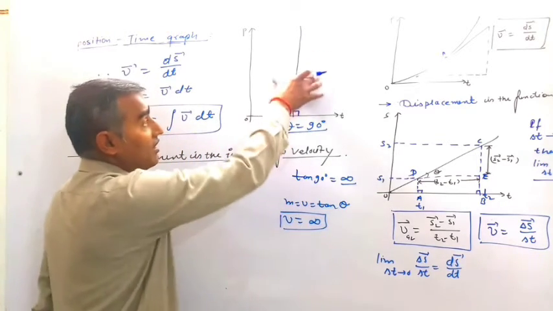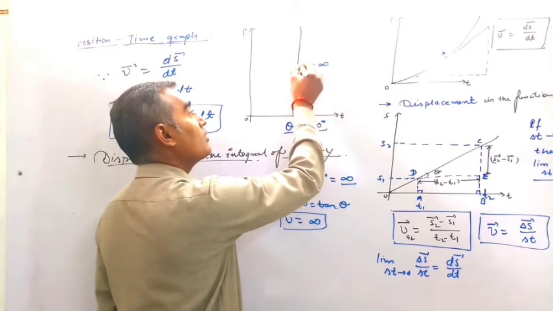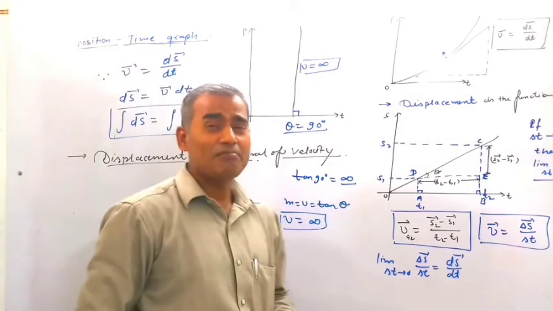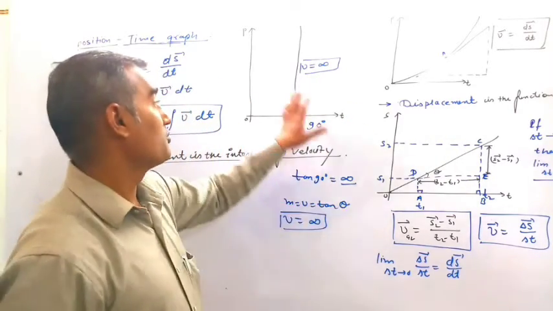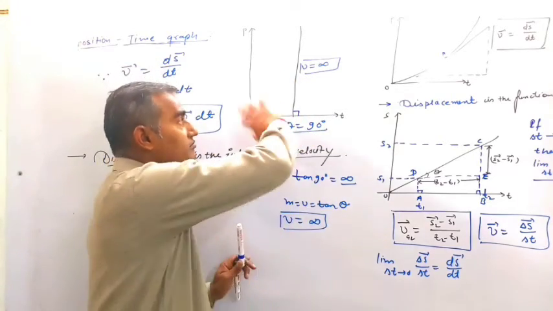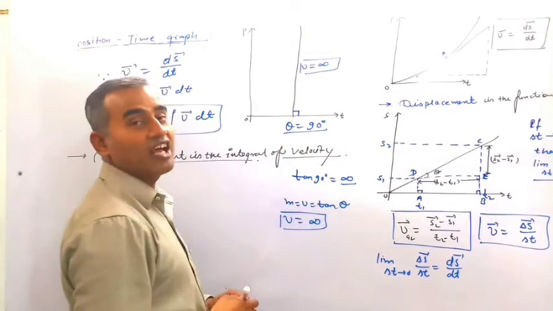So this graph shows the infinite velocity of the particle, and how is it possible for one dimensional motion that displacement is changing, but time is not changing.